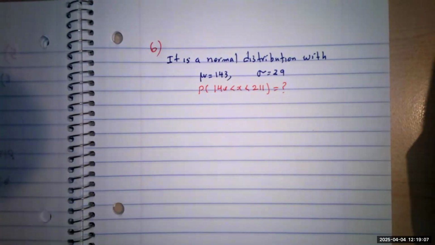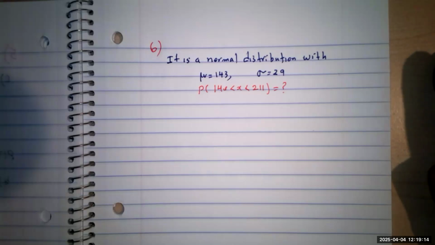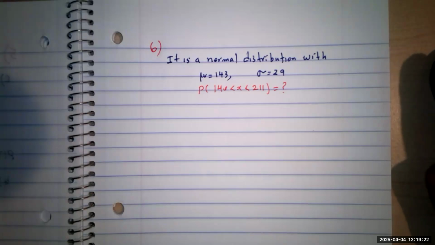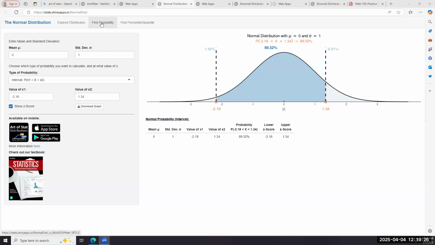So quickly go back to the Art of Stat with the normal distribution. Again, remember, you have to look for Find Probability. Now be careful. The reading one that we did before was a standard curve. And you have a different mean.